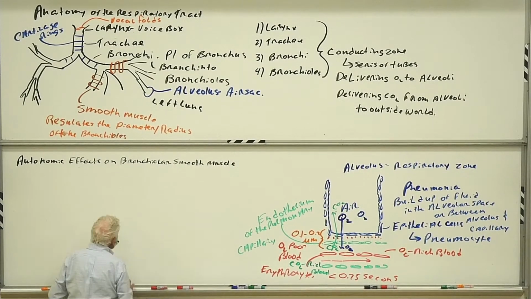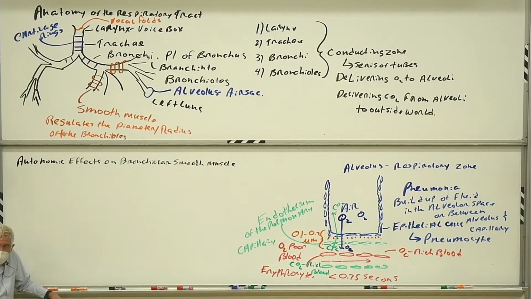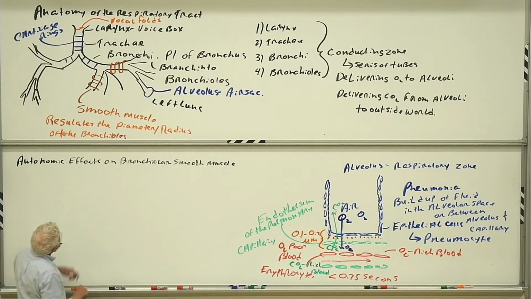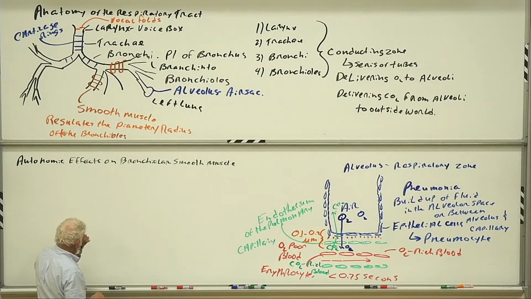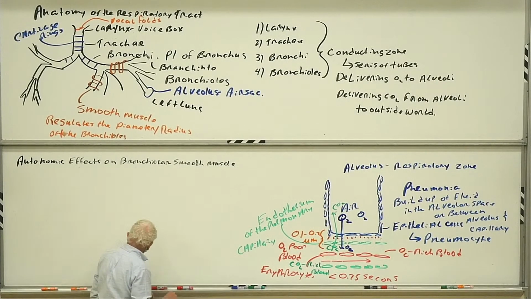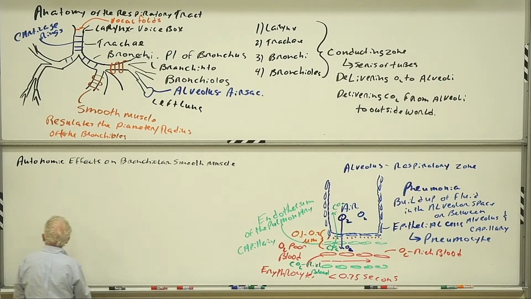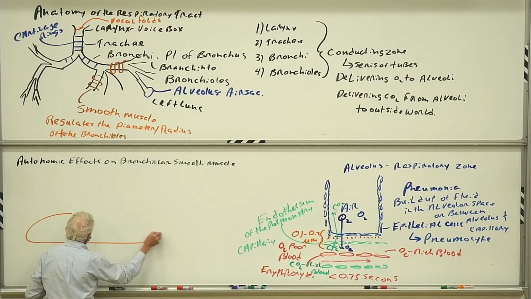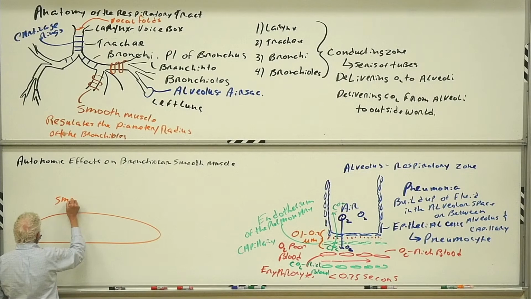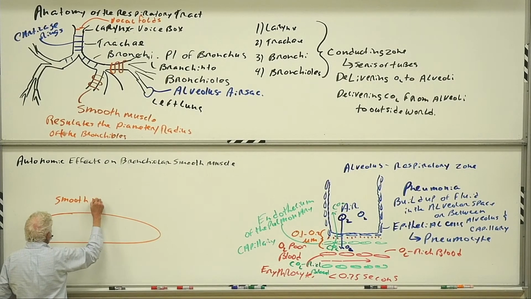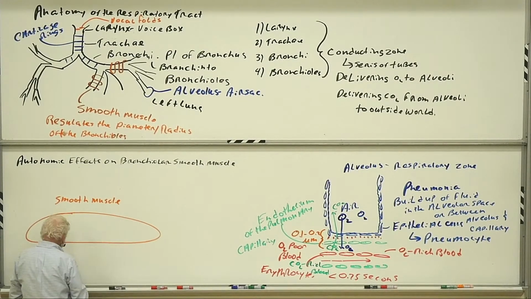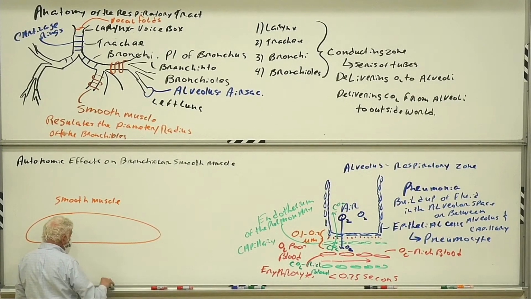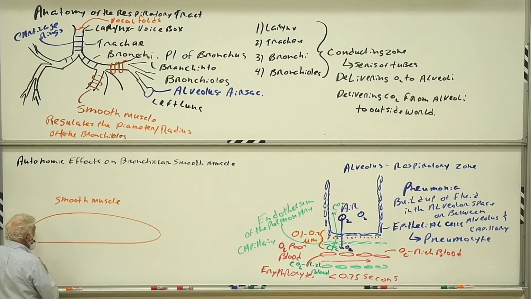And I'll tell you at the outset, we're going to be talking about a whole host of these G protein coupled receptors. So let's imagine in orange we have that strap-like muscle. Let's take an example of one of these muscle cells. So if this is a smooth muscle, we don't have time to get into all the details here, but it obeys many of the same rules that we talked about with skeletal muscle.